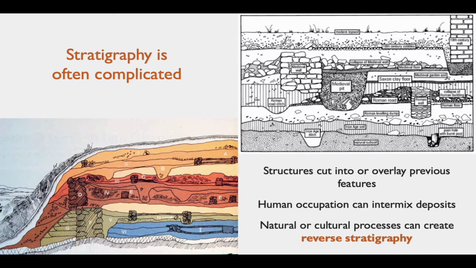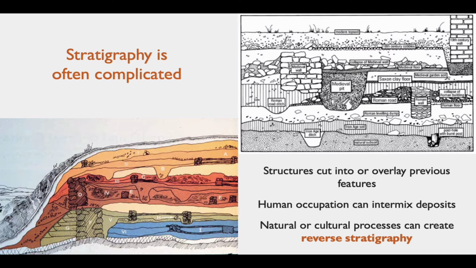Stratigraphy is often complicated. Structures from later phases of occupation can cut into or overlay previous features, and you're seeing some examples of that in the images here. Humans themselves also tend to intermix deposits. For the site where I work, we don't have a lot of materials from the earlier phases, and that's because the materials get incorporated into later construction activities.